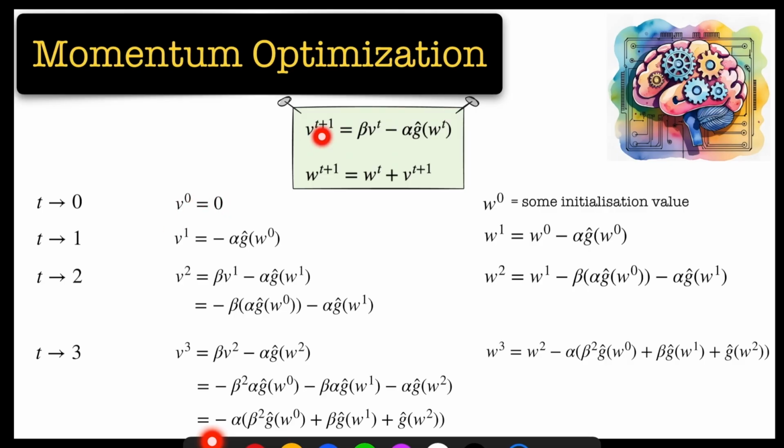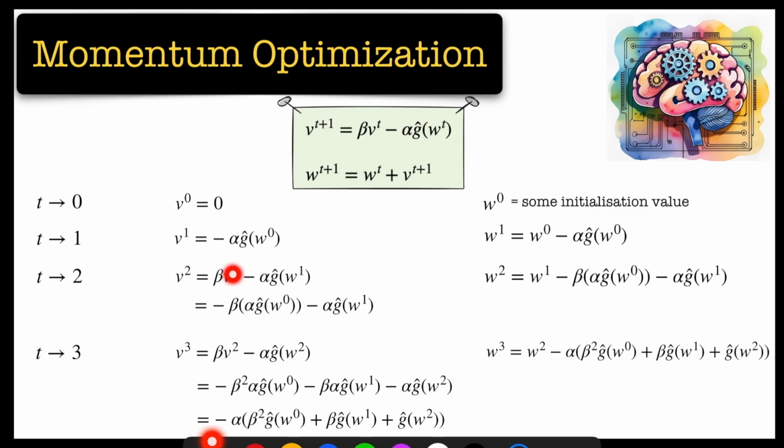V1 will be, using this formula, beta times V0 minus alpha times the gradient of iteration 0, so minus alpha times g hat W0. V2 will be beta times V1 minus alpha times g hat of W1.